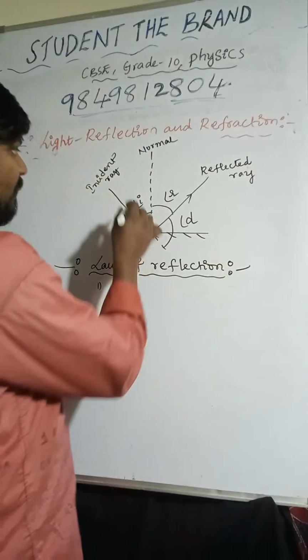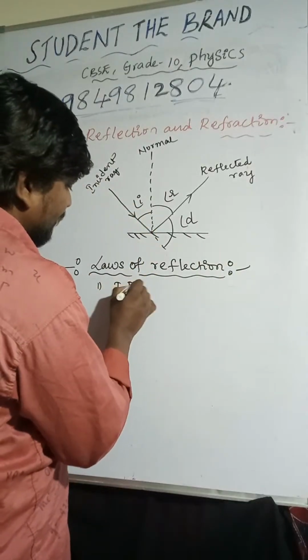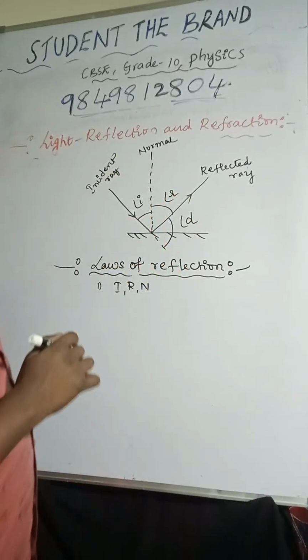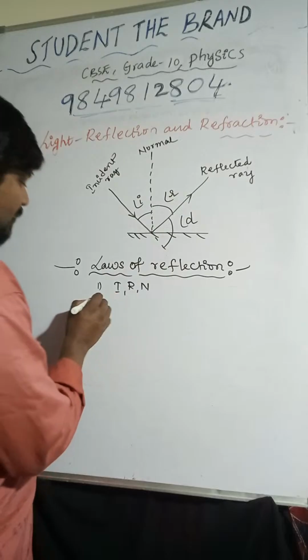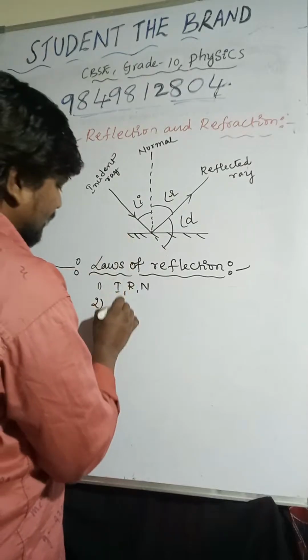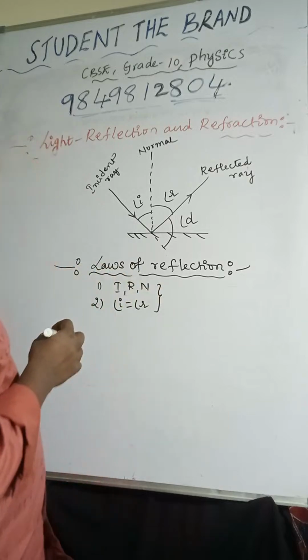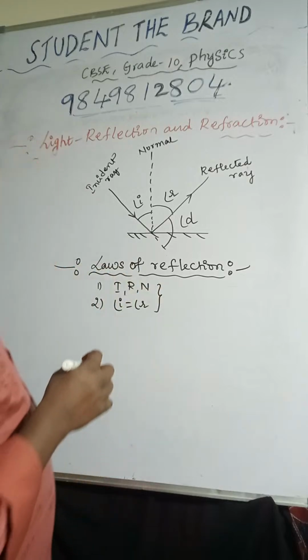Point number 1: incident ray, reflected ray, and normal line lie on the same plane. And point number 2: angle of incidence is equal to angle of reflection.